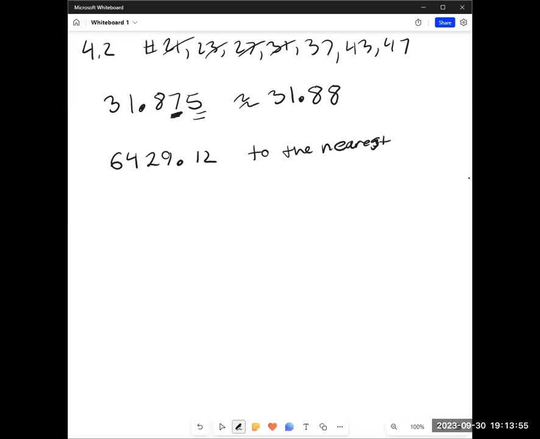This is nearest 10, and that one was to the nearest hundredth. So the tens place is here. We're going to look at the ones to help us round to the nearest 10. And this is going to be about 6,430.